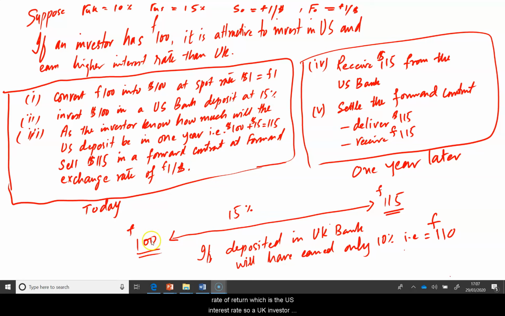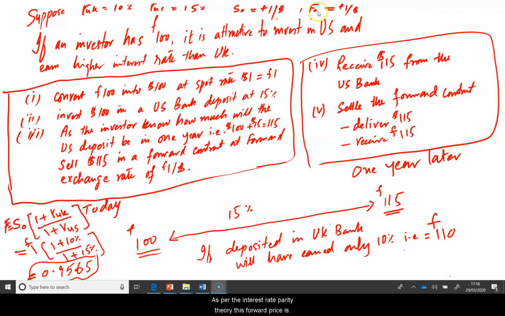So a UK investor in this case is able to earn a higher interest rate of 15% available in the US, taking advantage of the exchange rate mispricing and the differential in interest rates here. Had the UK investor invested in UK bank deposits, 1 year later he would have had only £110.